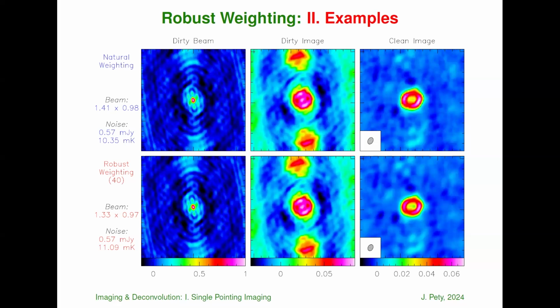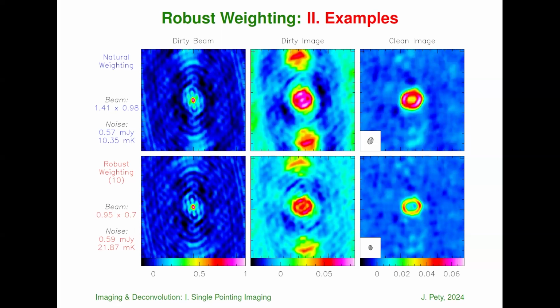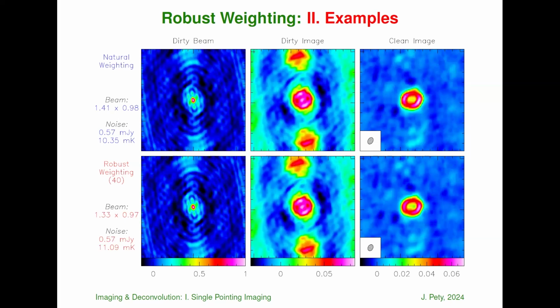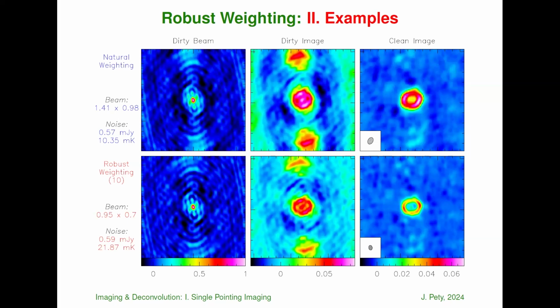Let's look first at what happens to the clean image. You see that when you're reducing the robust weighting threshold by a factor 4, you're getting a better angular resolution. Your synthesized beam is decreasing, and you get more details on your image. Now let's look at the dirty beam.